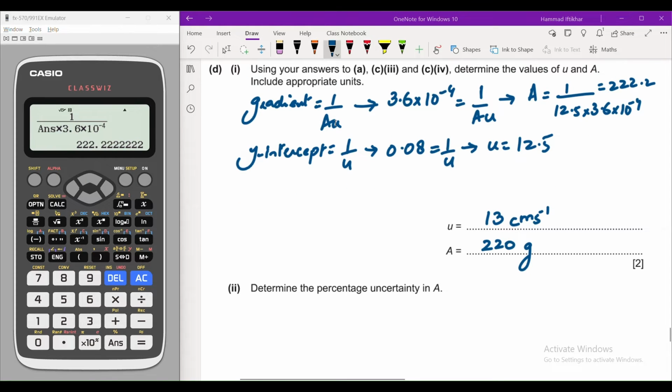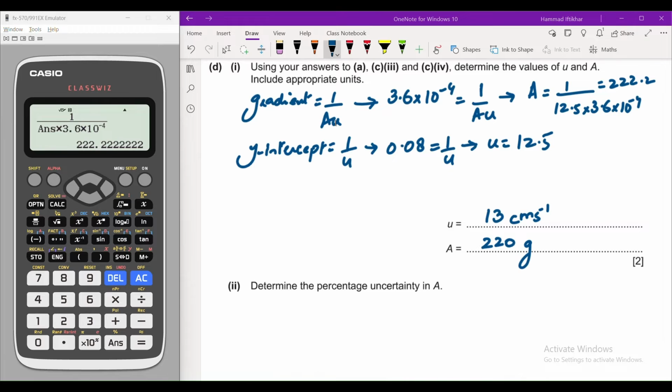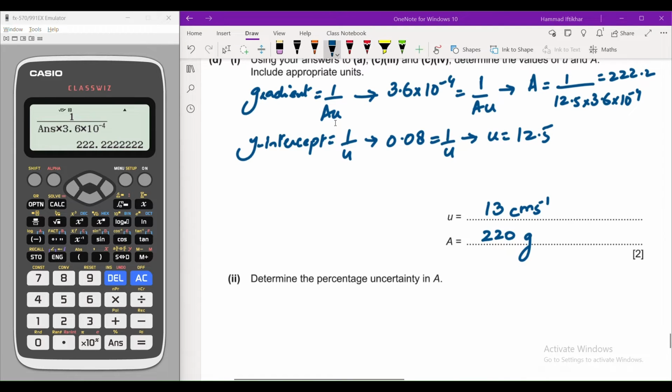Now, the percentage uncertainty in A. Okay, so percentage uncertainty in A was actually coming from the gradient and the y-intercept.